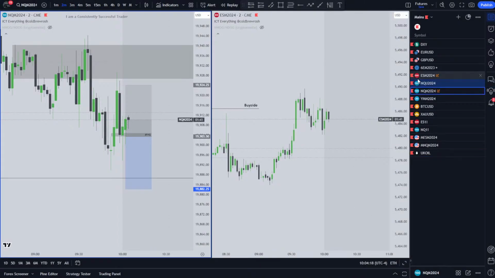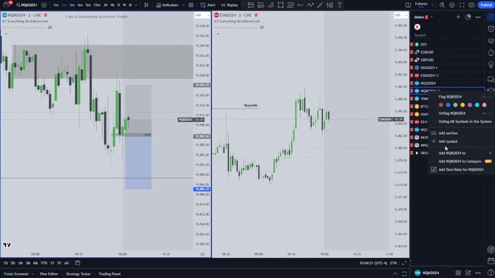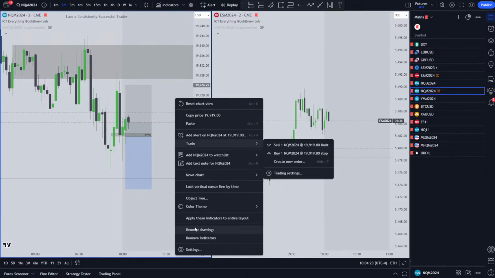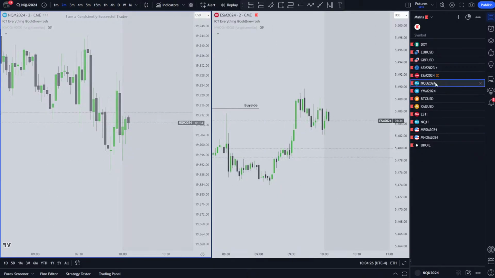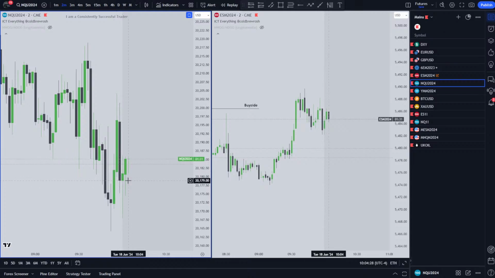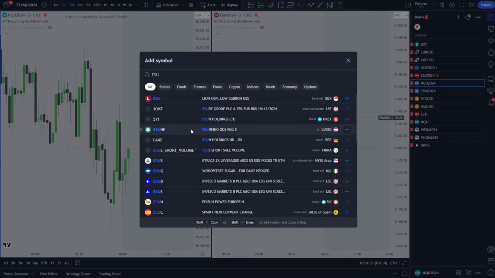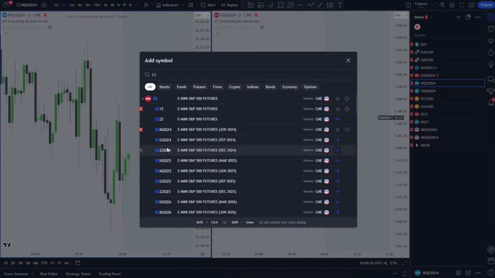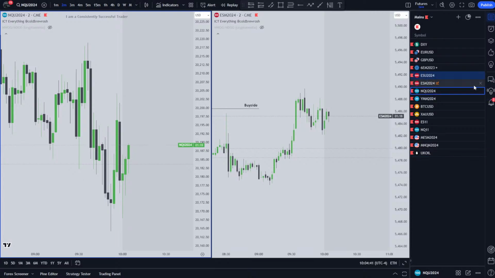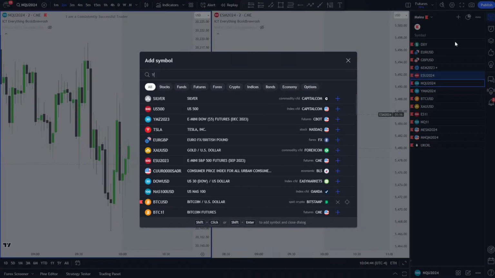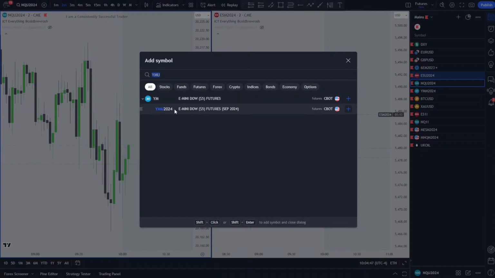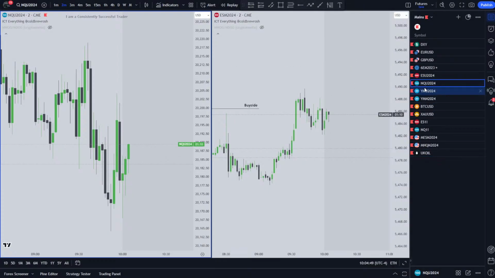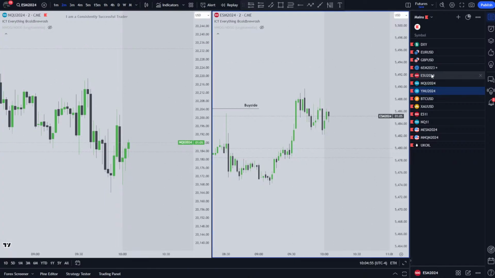And then yeah, it's a little bit cleaner. And then let's add ESU. And then YMU. Right. Switch that.